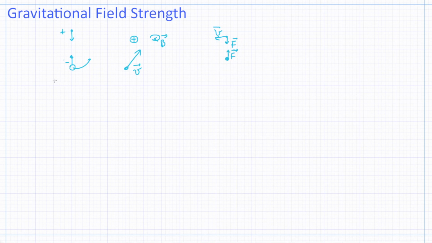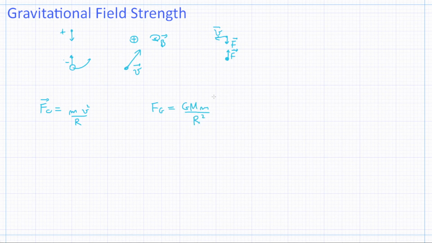Well, anyway, if we make those equations the same, so let's say that we're making our centripetal force, which we know as mv squared over r, and our gravitational force, which is capital G, capital M, lowercase m over r squared.